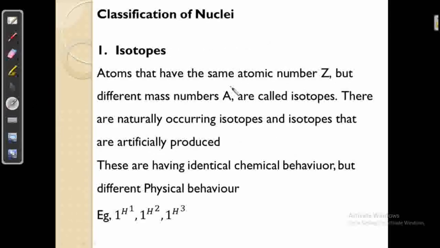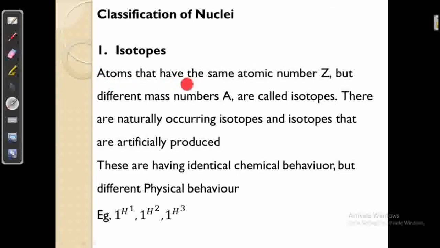There are different types of nuclei. Mainly we have 5 types: isotopes, isobars, isotones, isomeric nuclei, and mirror nuclei. We can go one by one. The first one is isotopes. What are isotopes?